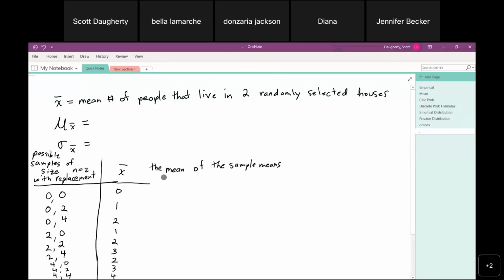It sounds kind of crazy to use the word mean twice in this sentence, but it makes sense. The mean is just the average. So I'm just saying the average of these sample means, and these are called sample means. So I'm finding the mean of the sample means. All right, let's just add those up.